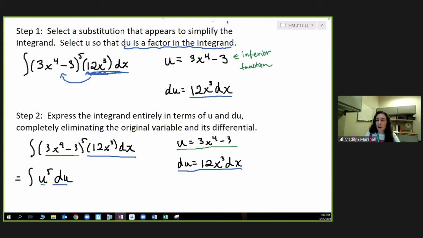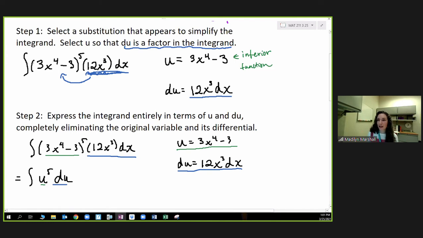So the whole point of step one of choosing that u, so that du is also in our integrand, is the setup for being able to replace everything in our original integral with stuff in terms of just u.